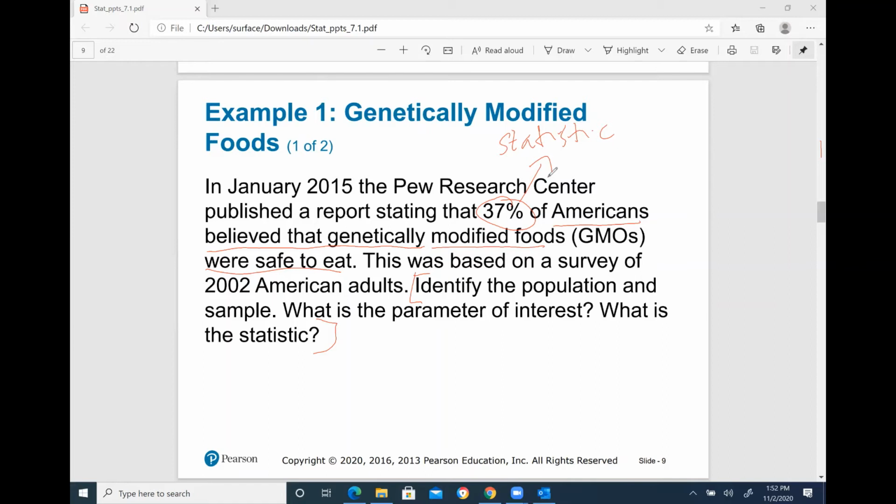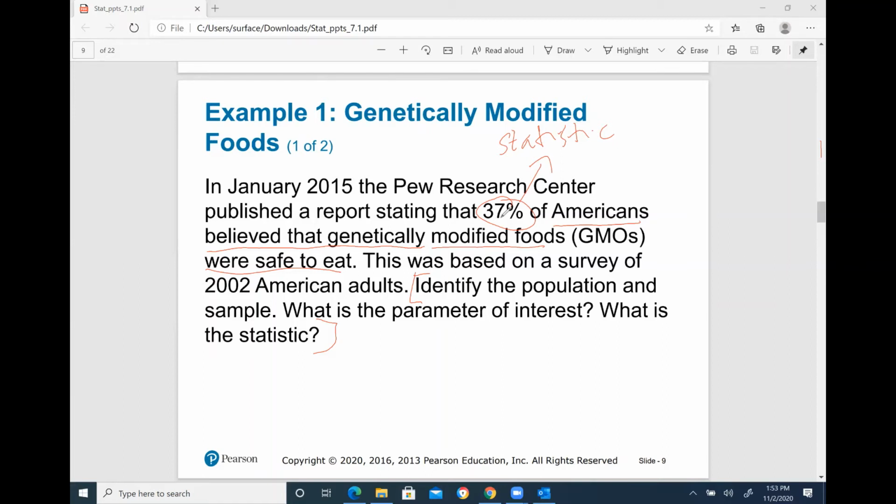You can call it x bar, the average of the Americans who believe that. And the other 63% would be the Americans who do not believe GMO is safe to eat. So the people who believe and the people who do not believe, you add them up, they become the entire population, which is all the Americans.